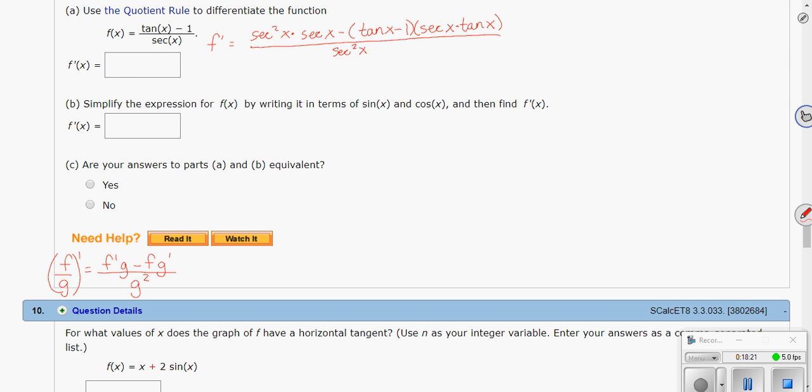Okay, now prettying up the top a little bit. This is going to leave us with secant cubed x. If I distribute that tan x, I'm going to have minus tan squared x secant x, and then plus secant x tan x.